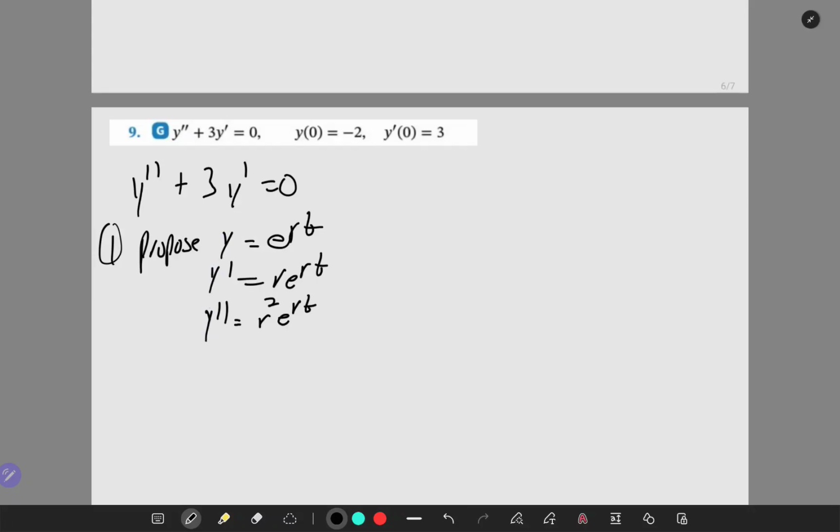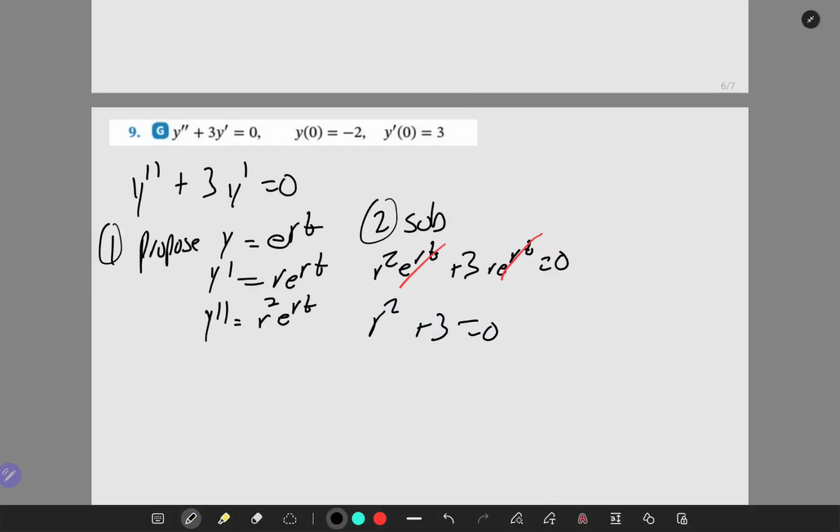Those should be y's. Okay, so now substitute, right? R squared e to the rt plus 3 r e to the rt is equal to 0. These cancel, and we're left with r squared plus 3 is equal to 0.